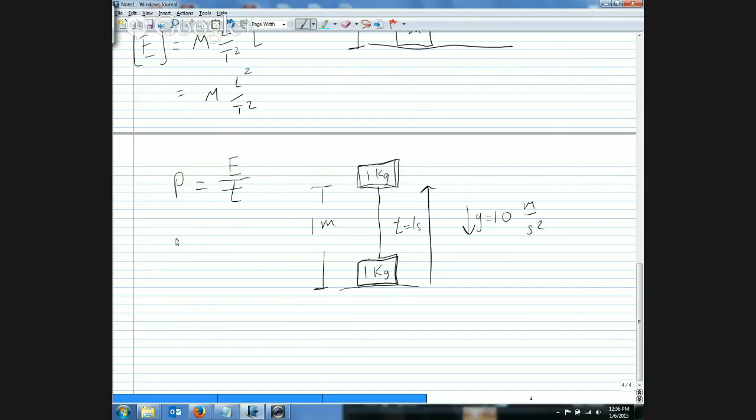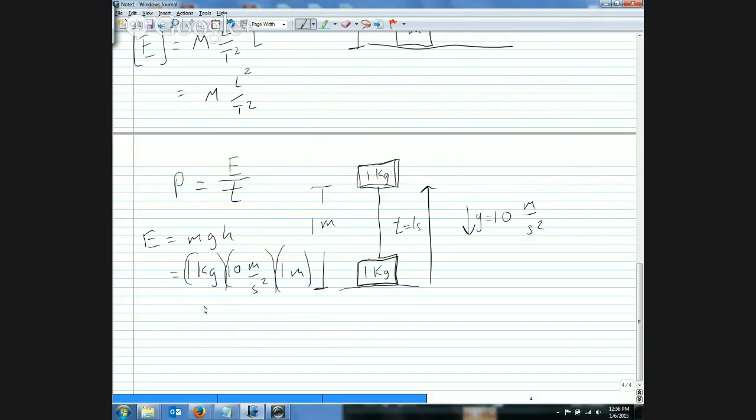So now we can say that the energy, we'll just start with energy, equals mgh equals 1 kilogram times 10 meters per second squared, and then h is 1 meter. Let's put some parens around that so that we can see each one individually.